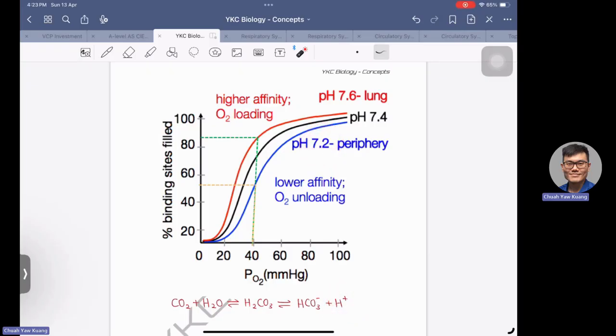So the high partial pressure of carbon dioxide and low pH will decrease the affinity of the hemoglobin towards the oxygen and cause more oxyhemoglobin to dissociate. So the oxyhemoglobin will dissociate to release the oxygen, leading to the lower saturation percentage of the hemoglobin.